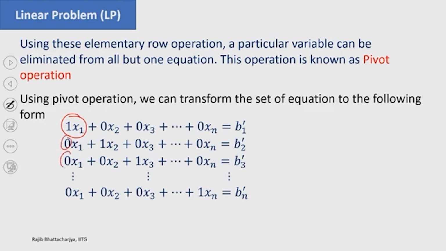You just see here it is 0, here it is 0, here it is 0. My objective is to eliminate this x1 variable from the other equations. So, I am keeping it only in the first equation. Similarly, the x2 variable I am keeping in the second equation and eliminating from the other equations. Similarly, x3 I am keeping in the third equation and eliminating from the others, and finally, I am keeping the xn variable in the last equation and eliminating it from the other equations.